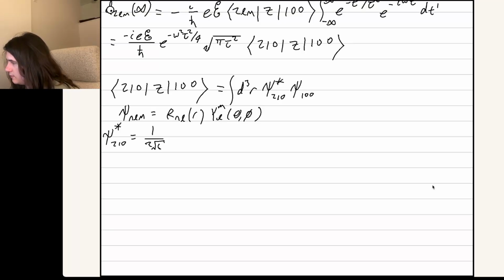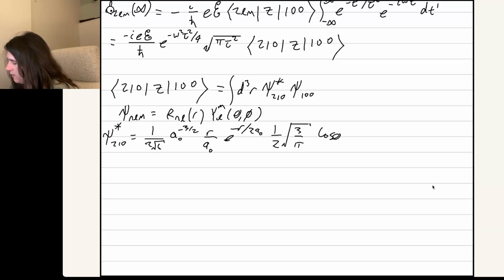R21 is 1 over 2 root 6, a naught to the minus 3 halves, r over a naught, times e to the minus r over 2 a naught, times 1 half root 3 over pi cosine theta.